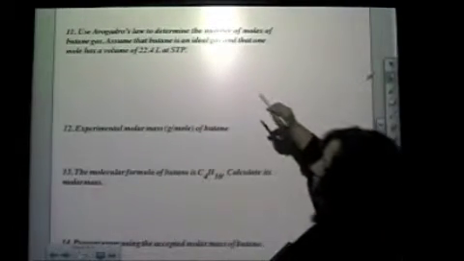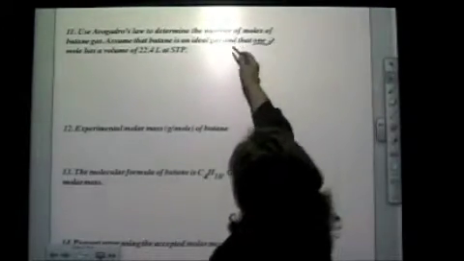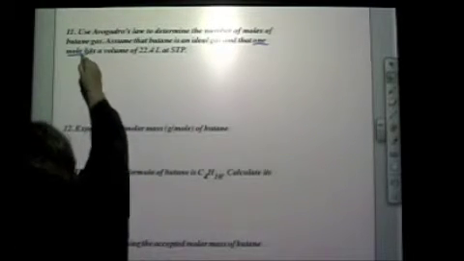Okay, using Avogadro's law to determine the number of moles of butane gas. Assume butane is ideal and that 1 mole has a volume of 22.4 liters. Okay, so here's going to be our N1 and V1: 1 mole, 22.4 liters.